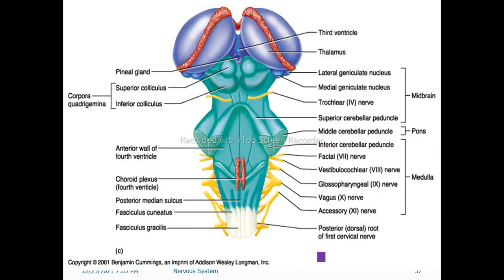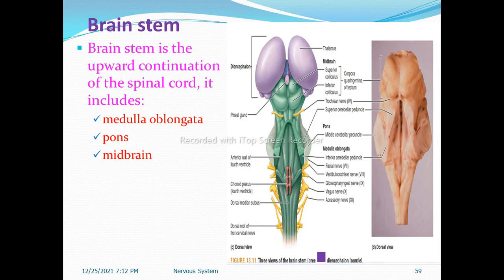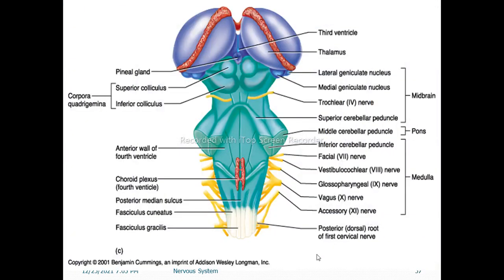Having covered this area, the third section is brainstem. As we have seen, the brainstem includes midbrain, pons and medulla oblongata. So this area is known as midbrain.